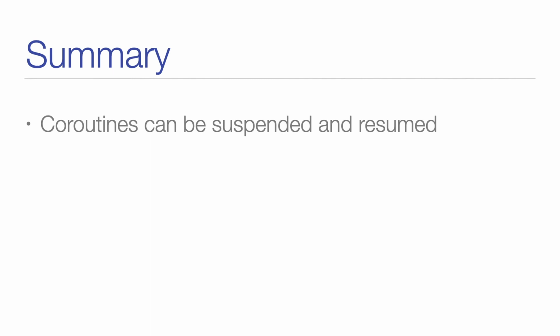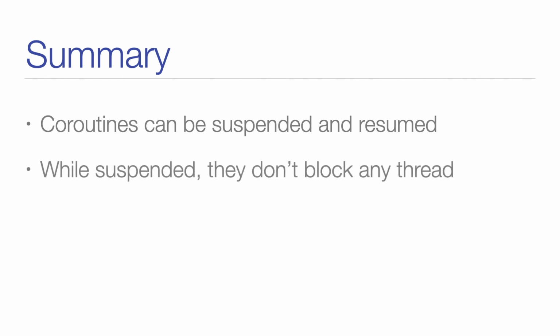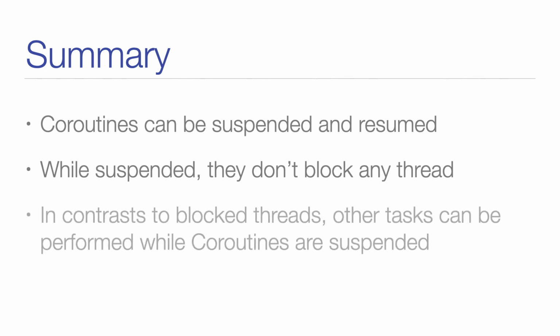The important thing we learned in this current lecture is that while coroutines are suspended, they don't block any thread. So if we, for instance, start a coroutine on the main thread and the coroutine gets suspended at the suspension point, the main thread is able to execute other operations in the meantime. This is not possible when the thread is blocked.